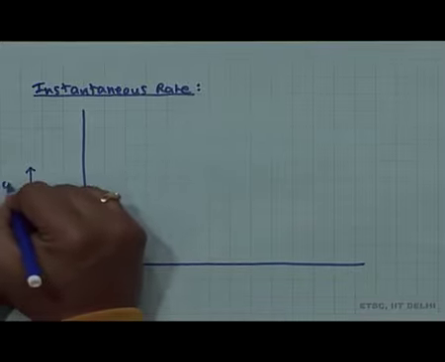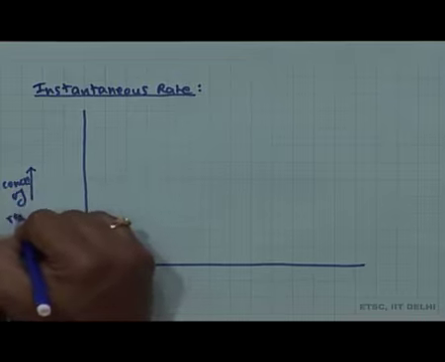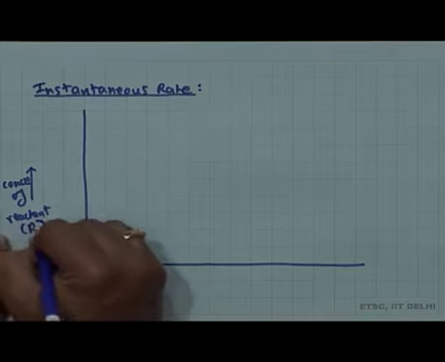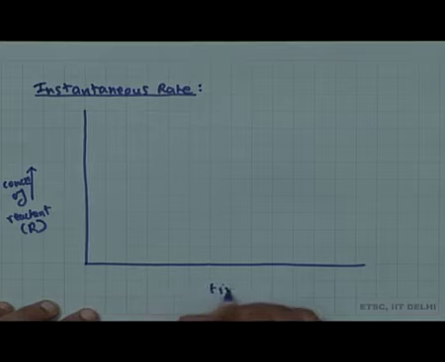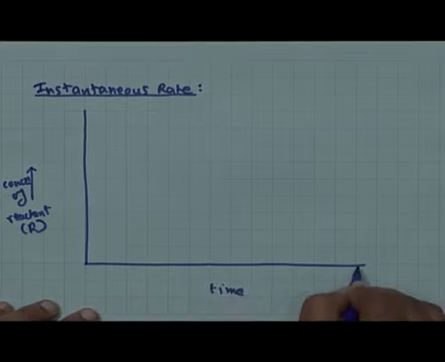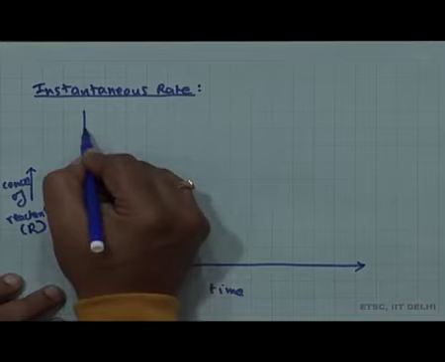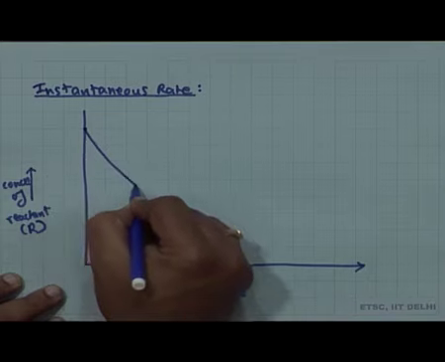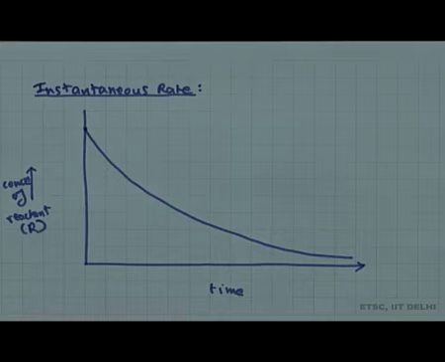This is the concentration of reactant, which I represent as R. This is time, increasing in this direction, and my kinetic reaction profile goes like this.